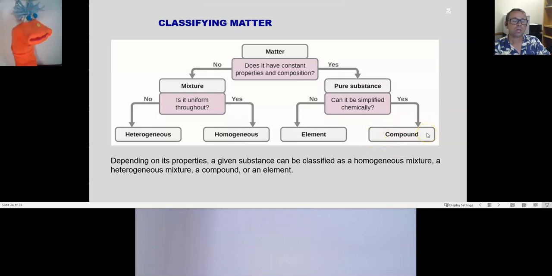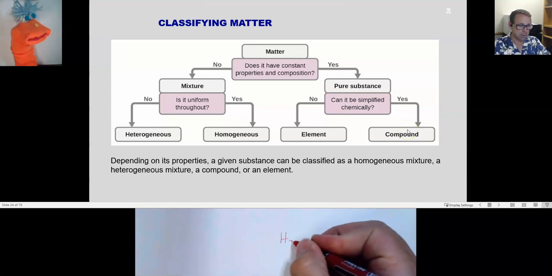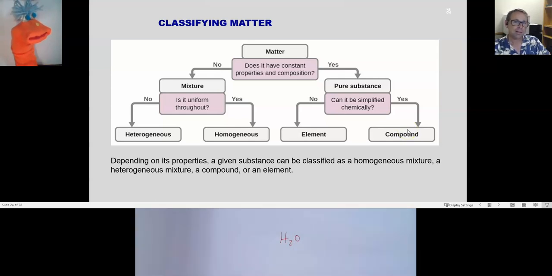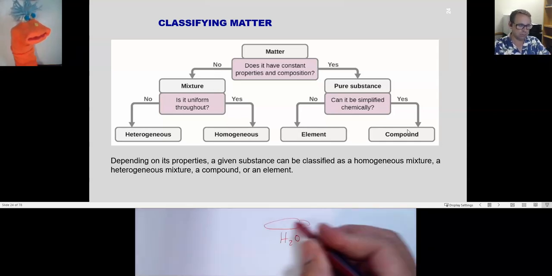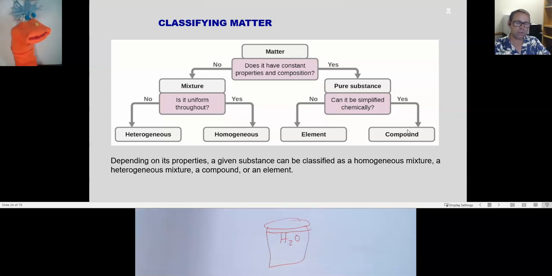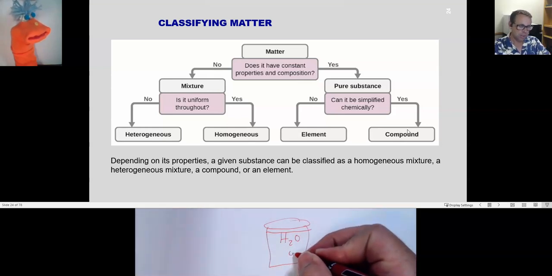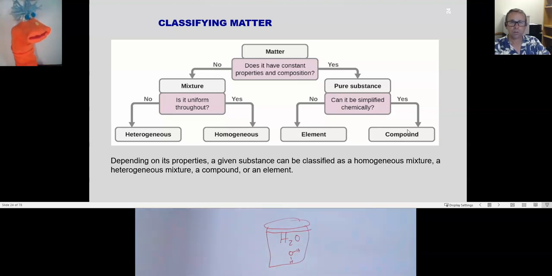Water is an example of a compound. It contains more than one element, but every unit in this container of water contains an oxygen and 2 hydrogens, has that chemical formula. So that is something that we can identify as a pure substance.